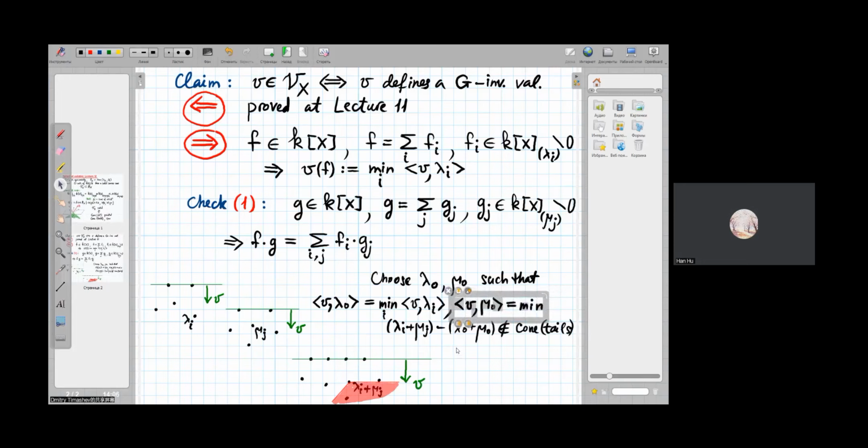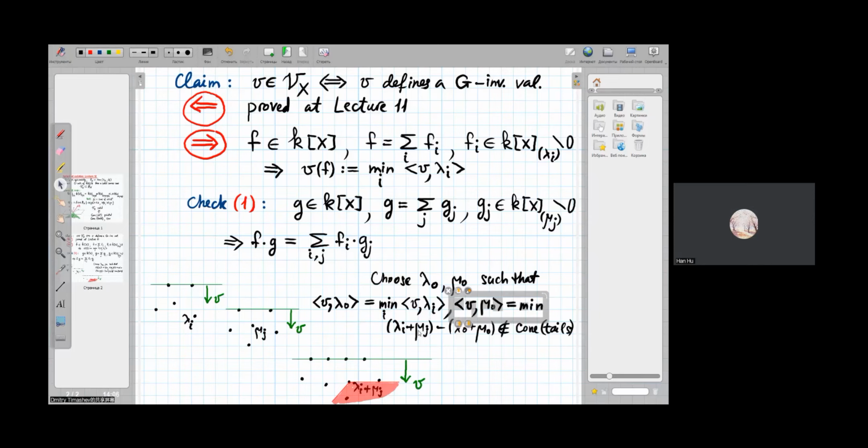Not exactly, because it may happen that there are several of these lambda naughts, which means that this minimum can be achieved at several weights.